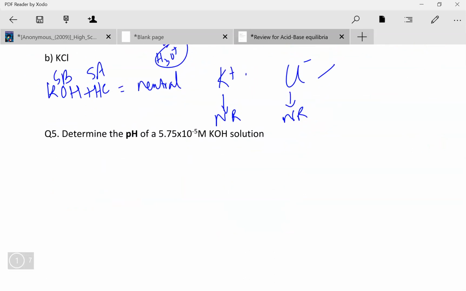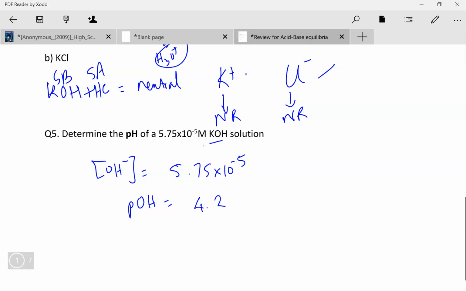Determine the pH of a 5.75 times 10 to the power negative 5 molar KOH solution. So we know our OH concentration for a strong base is the same as this, as it is completely dissociating. So our pOH is the negative log of this answer, which is 4.24.